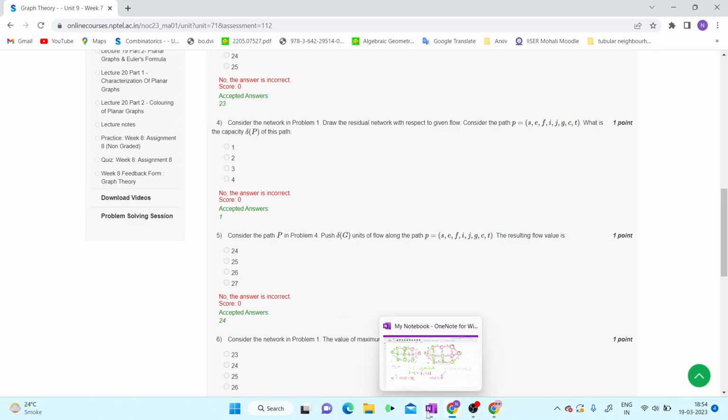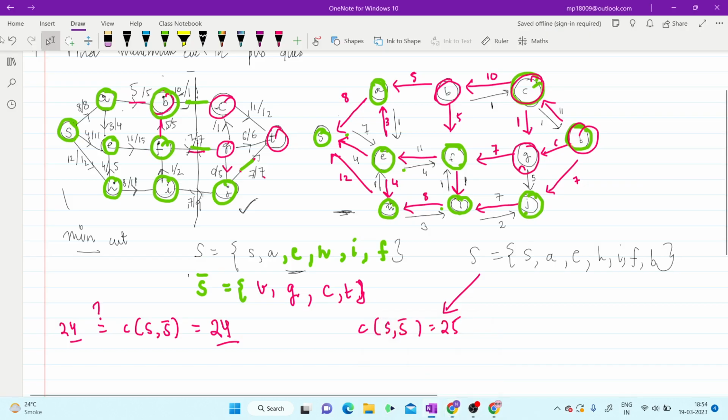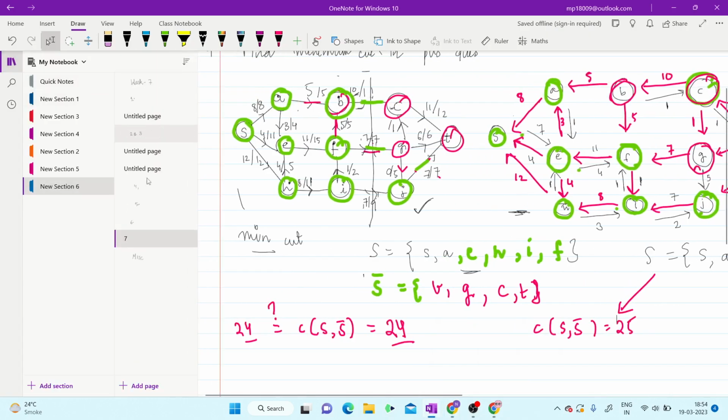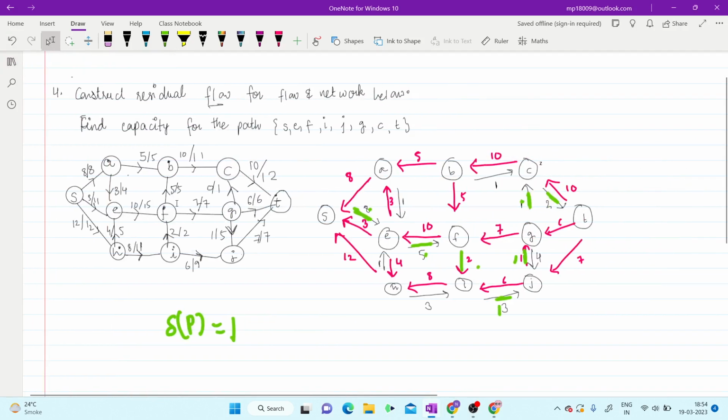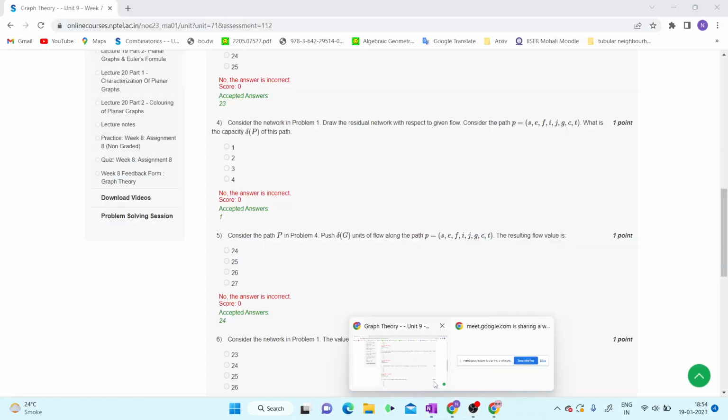That's my doubt. In that question, you have said that we have to consider the path in problem number 4. Whether we have to find the resulting flow value in that residual network.